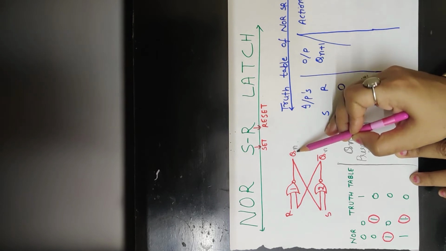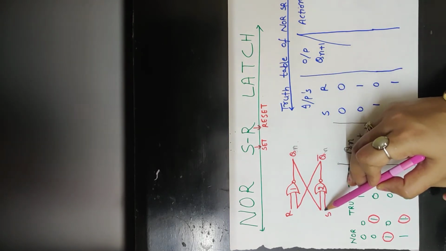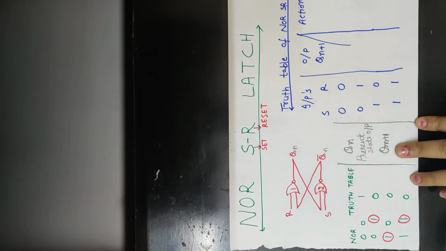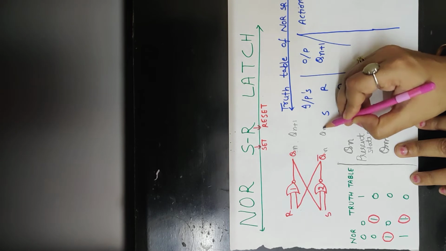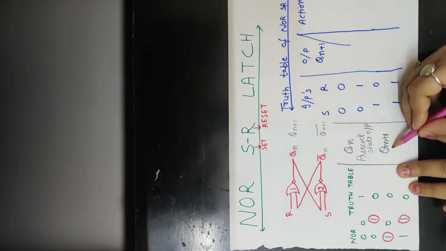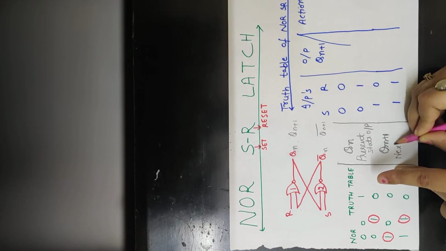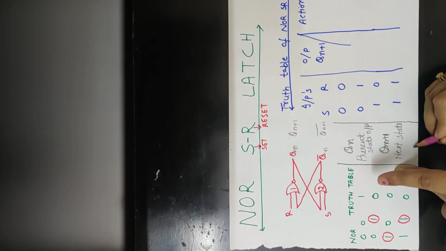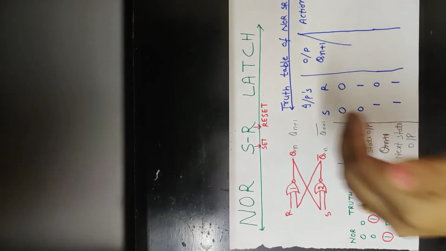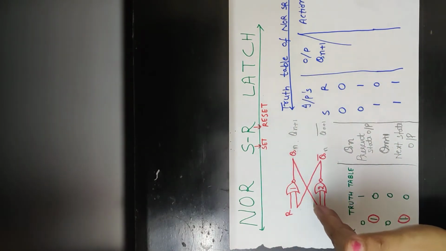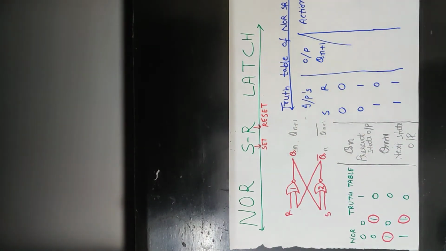When this present state output is fed back to the input, it will give a new output, and that new output is called Qn plus 1. This is Qn plus 1 bar. So Qn plus 1 is called the next state output. So Qn, which already existed with the gate, when fed back to the input, gives a new output, and that is called Qn plus 1. So Qn is the present state output and Qn plus 1 is the next state output. Okay.